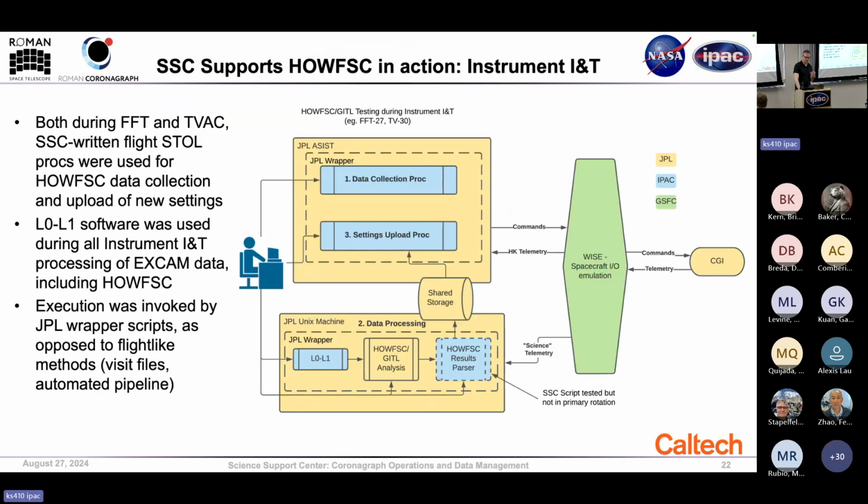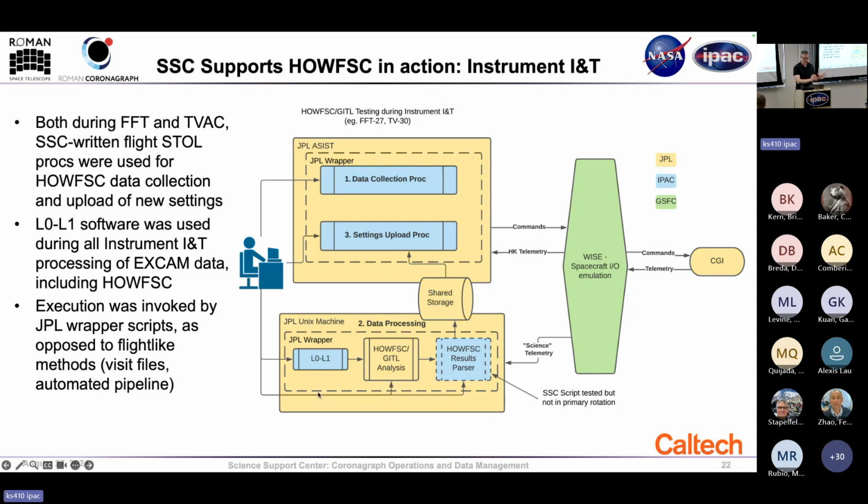And we've tested components of this already in TVAC, in FFT. The data collection procedures that we scripted up, flight, have been tested, were used many times to take the HOFUS data. Also, the settings upload was used many times to return the data, as well as what I mentioned earlier, the L0, L1 processing was used for the data.